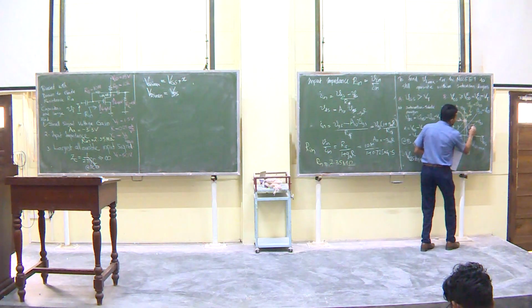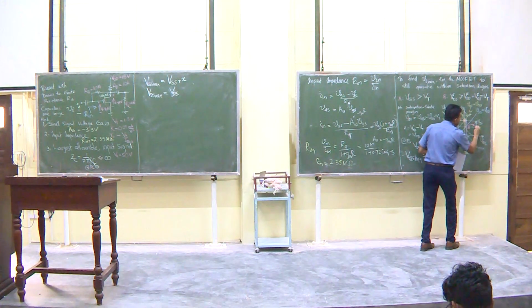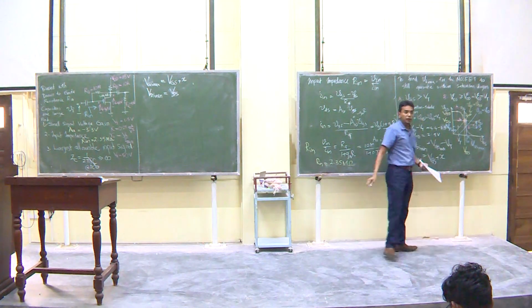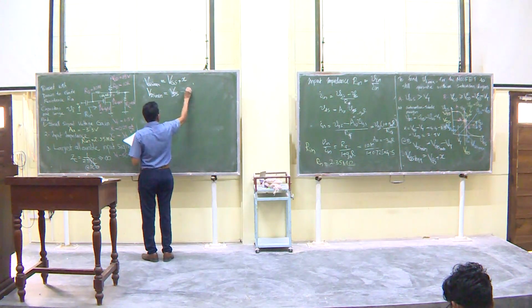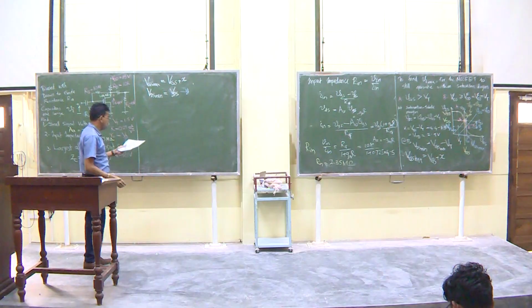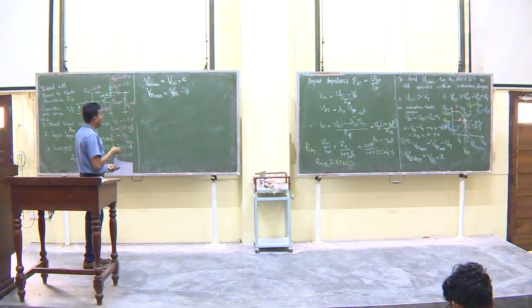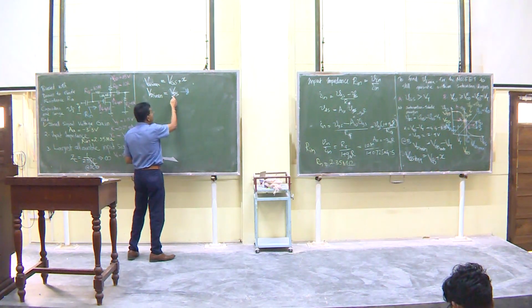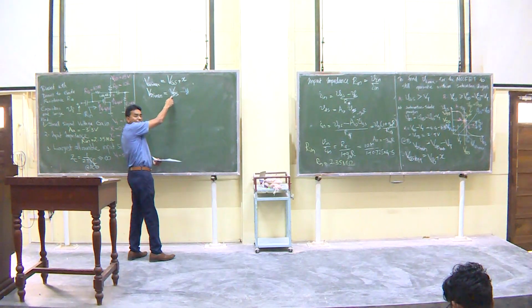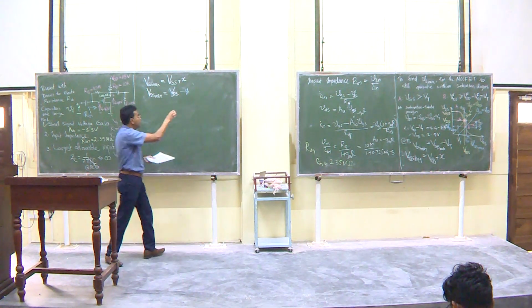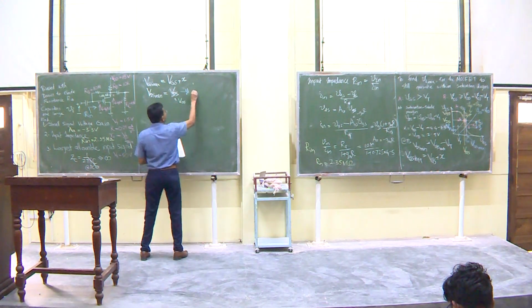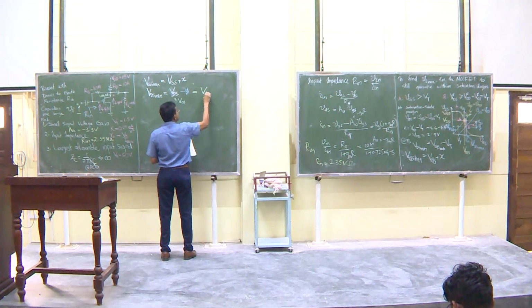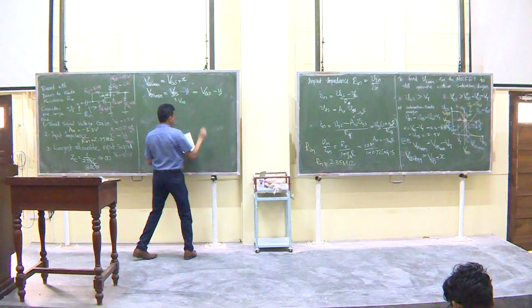VDS minus y. But we know VDS is the same as VGS, that is the DC quantity, right. So, this is equal to VGS. So, therefore, this is equal to VGS minus y.